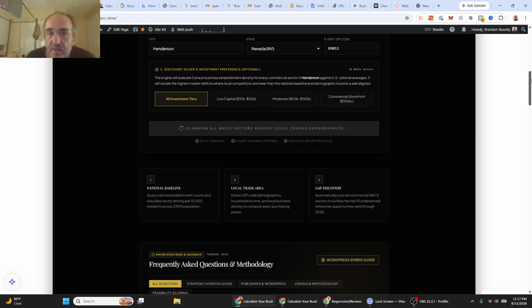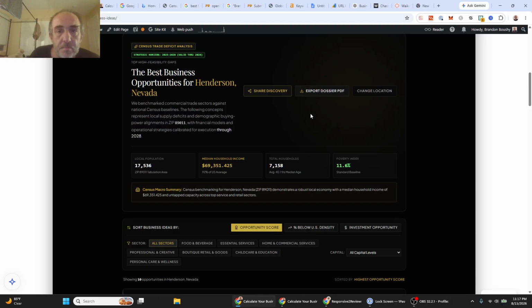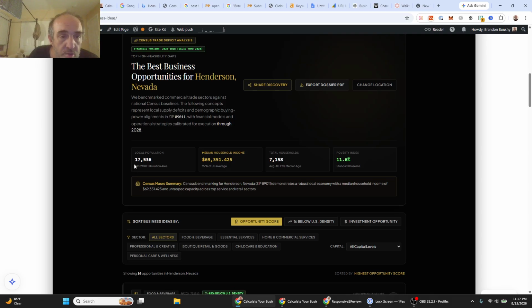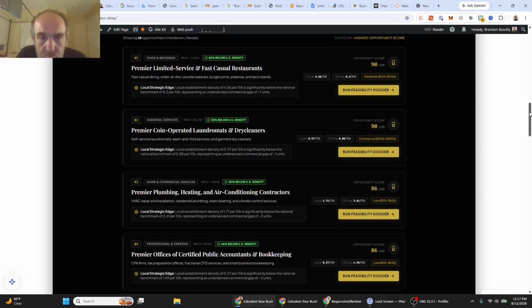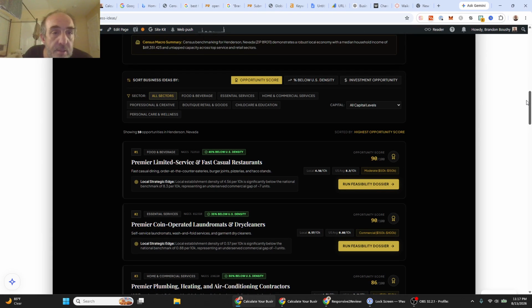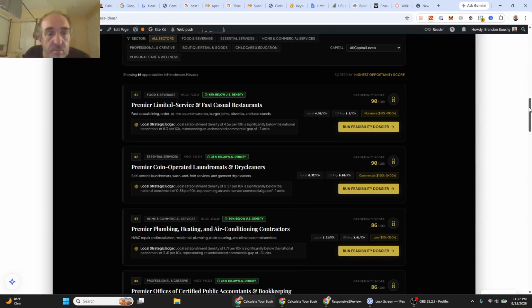It's literally comparing all the different opportunities to see which one is the best opportunity for you based on your categories. And then it will show the local population, the median household income, total households, poverty index, and then it will show you some different ideas.